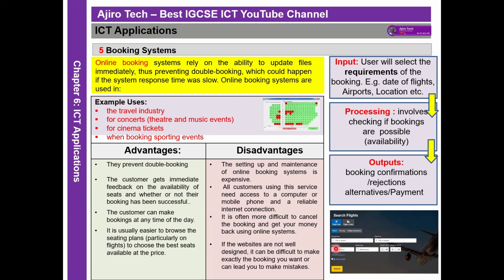The return talks about when you're going and when you're coming back. Usually, the return is better because in terms of price, it's cheaper than one way, because you pay for both your going and coming at the same time.